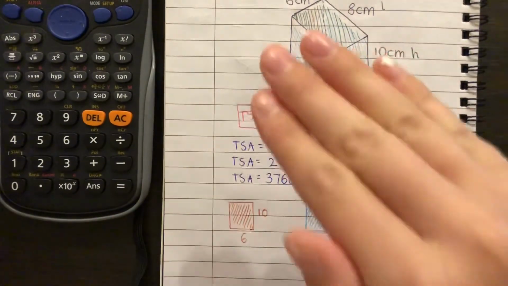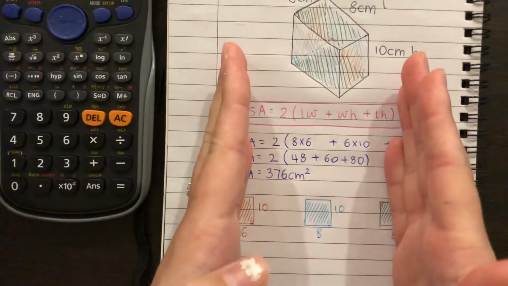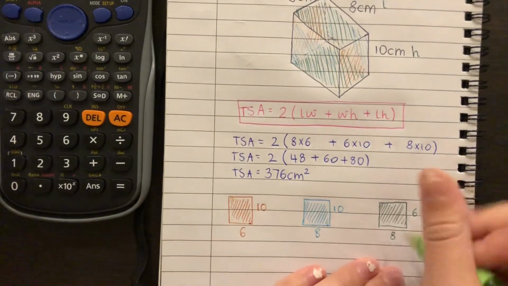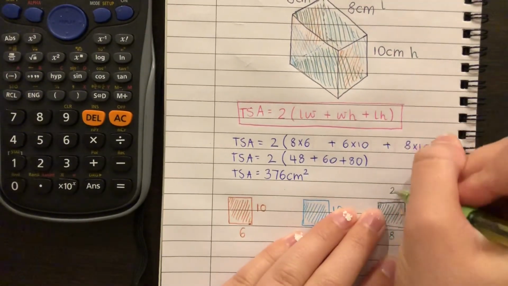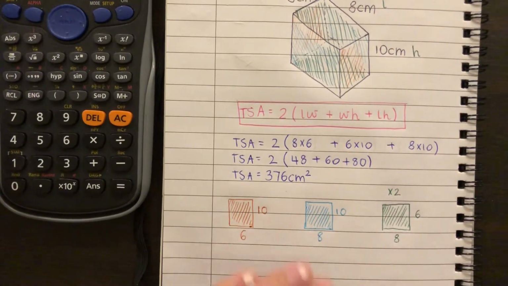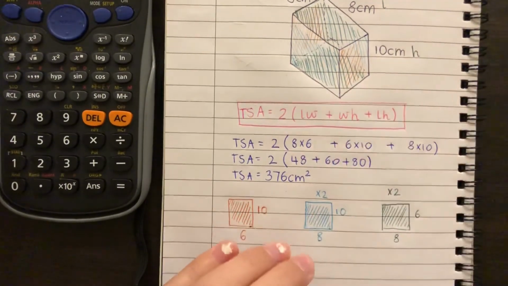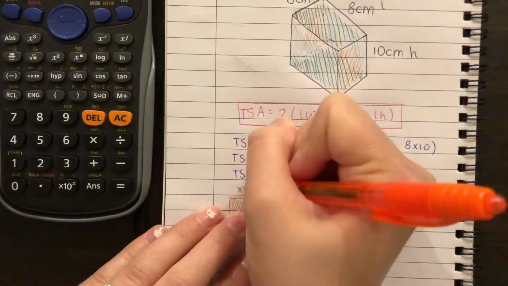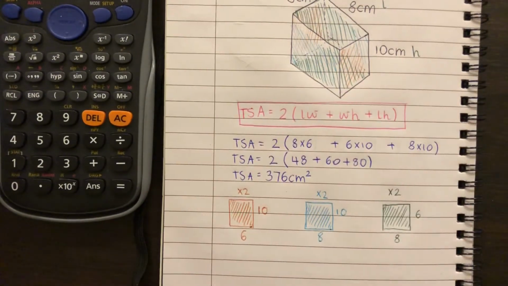Front and back, top and bottom, and both the sides. So I would go times 2 for green, times 2 for blue, and times 2 for orange.